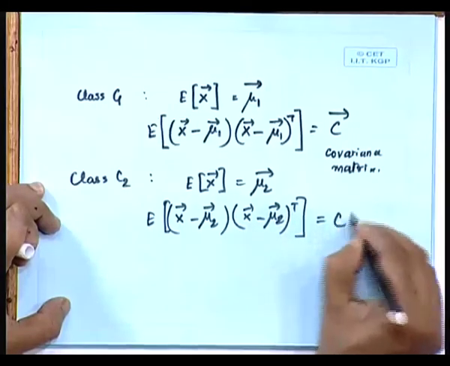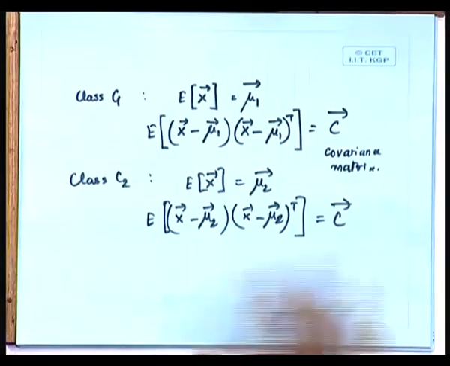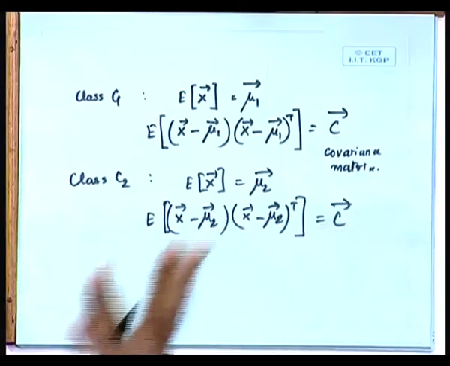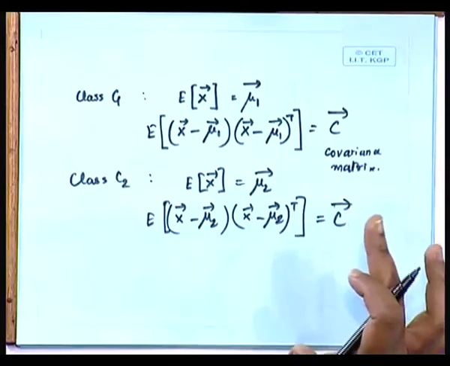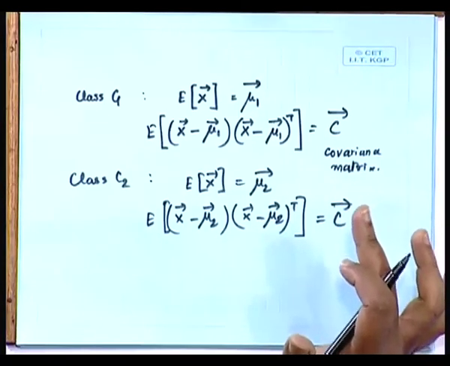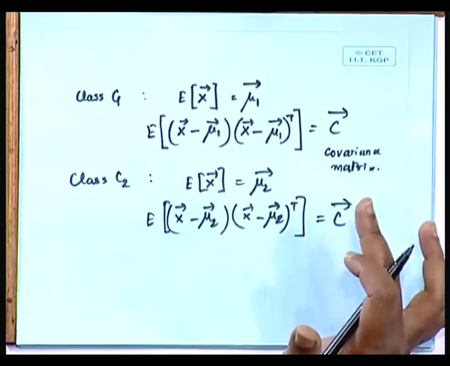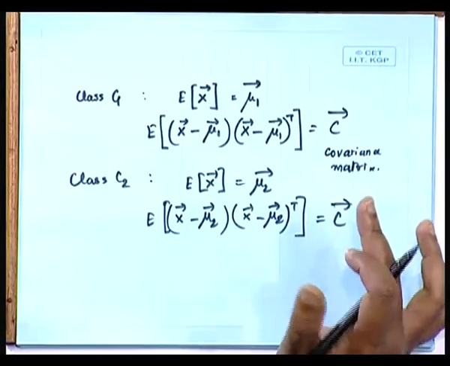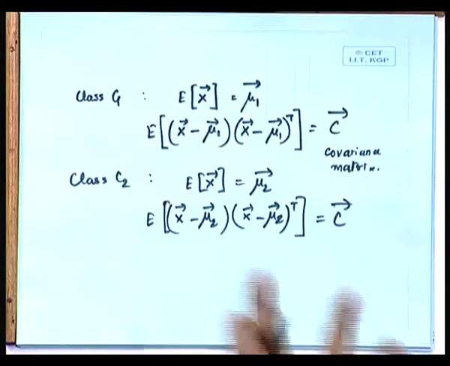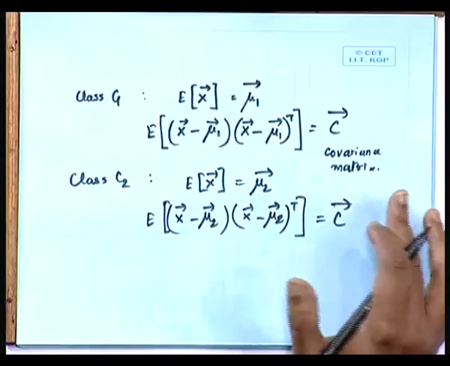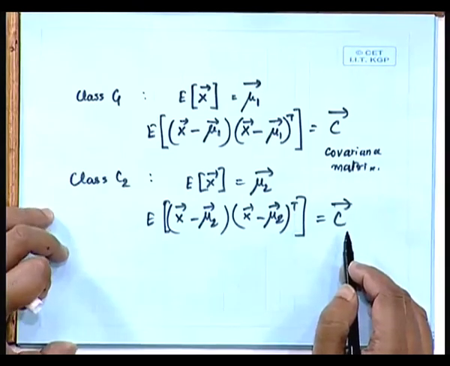This is also taken to be C, assuming that the covariance characteristics are uniform throughout the entire space H that we are talking of, because out of C1 we take only a subset H1 from which we derive the training samples for C1. Likewise, H2 is a subset for C2, and in the last class we defined the whole set H. So, assuming that the variance statistics remain the same, we can denote it by the same C matrix, which is the covariance matrix.